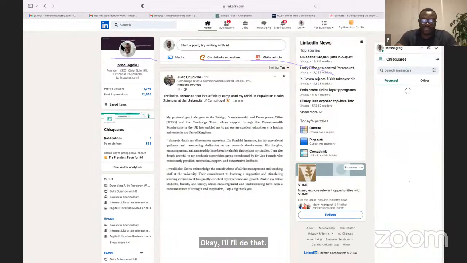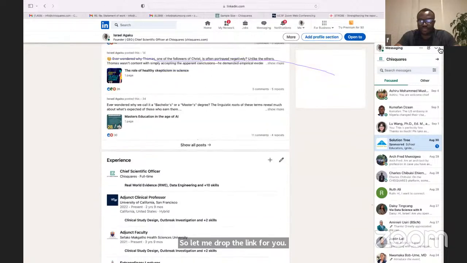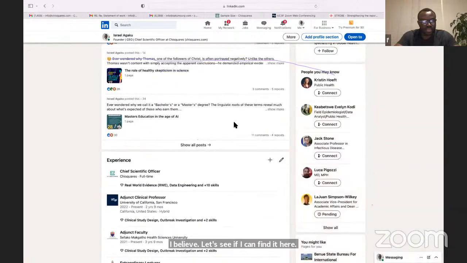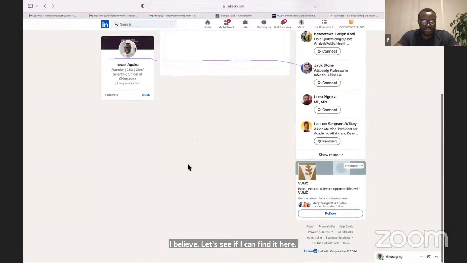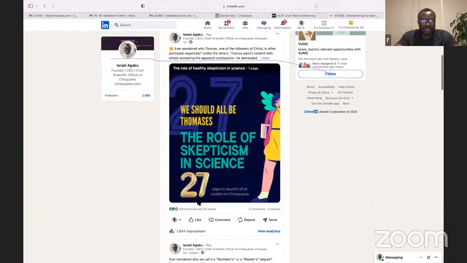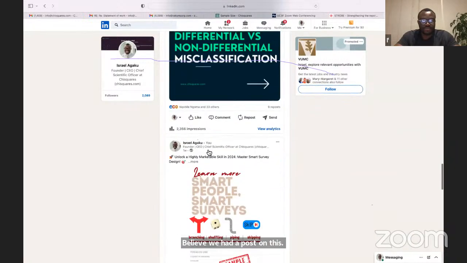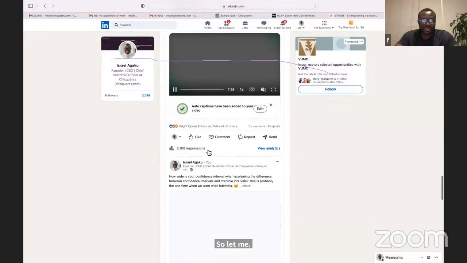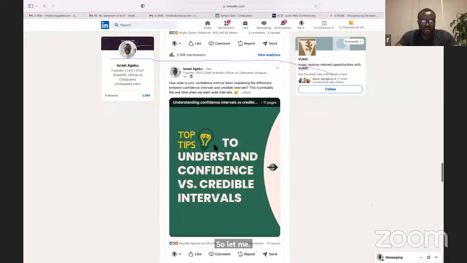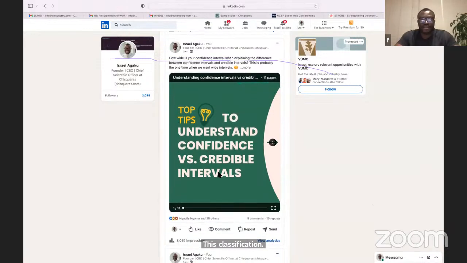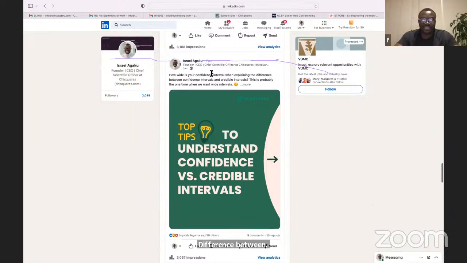I believe we had a post on this, on misclassification, and the difference between credible intervals and confidence intervals.